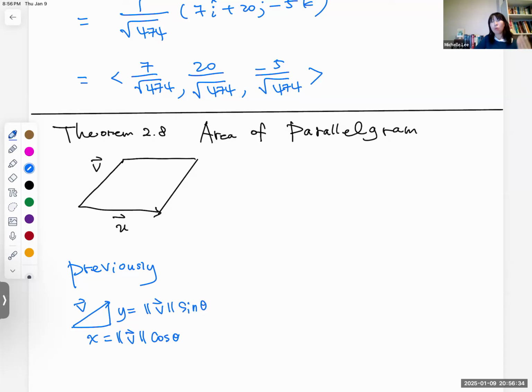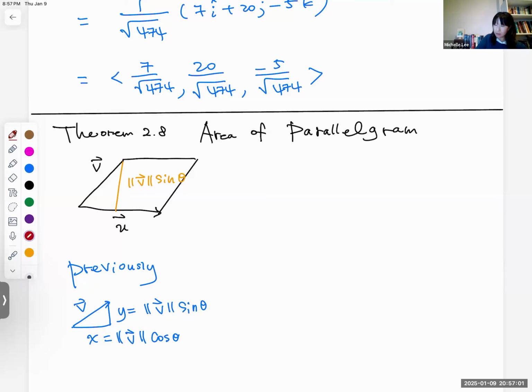We do this every time. Then this is the height, so we use the magnitude of vector V sine theta.